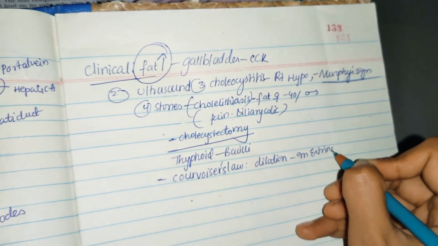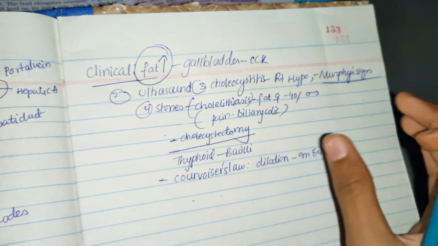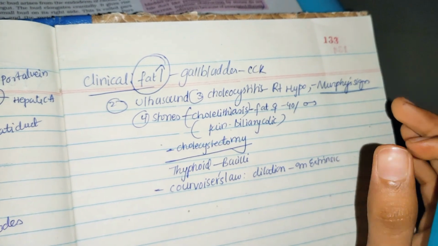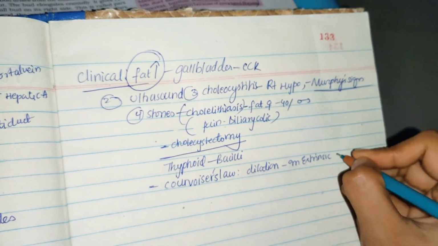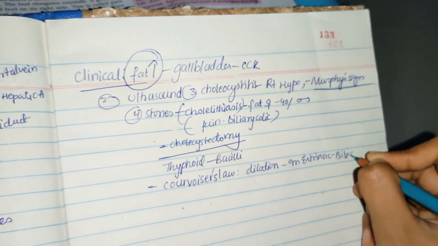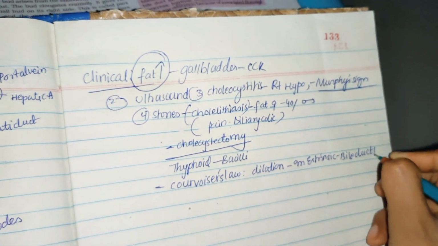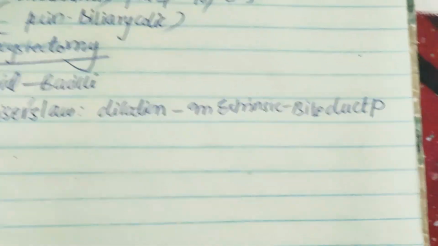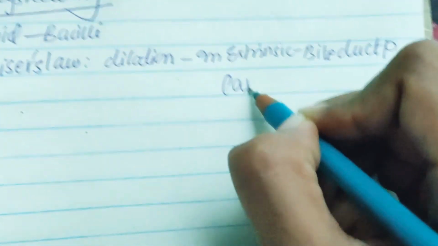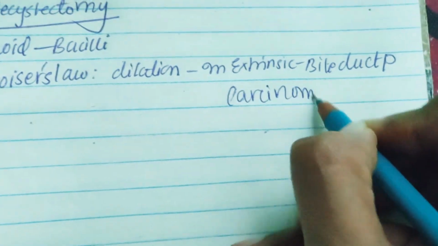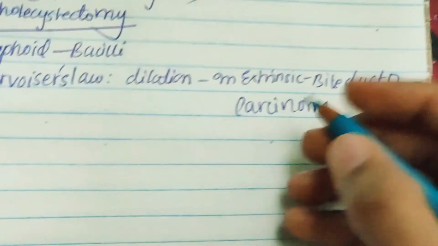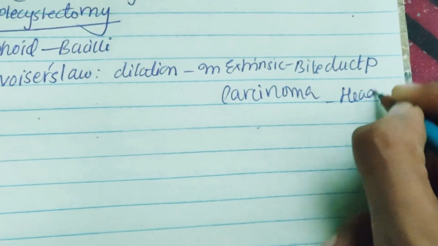Extrinsic means there is some obstruction from outside, due to bile duct pressure or due to any carcinoma, even carcinoma of the bile duct, which gives pressure from outside, and especially carcinoma in the head of the pancreas.